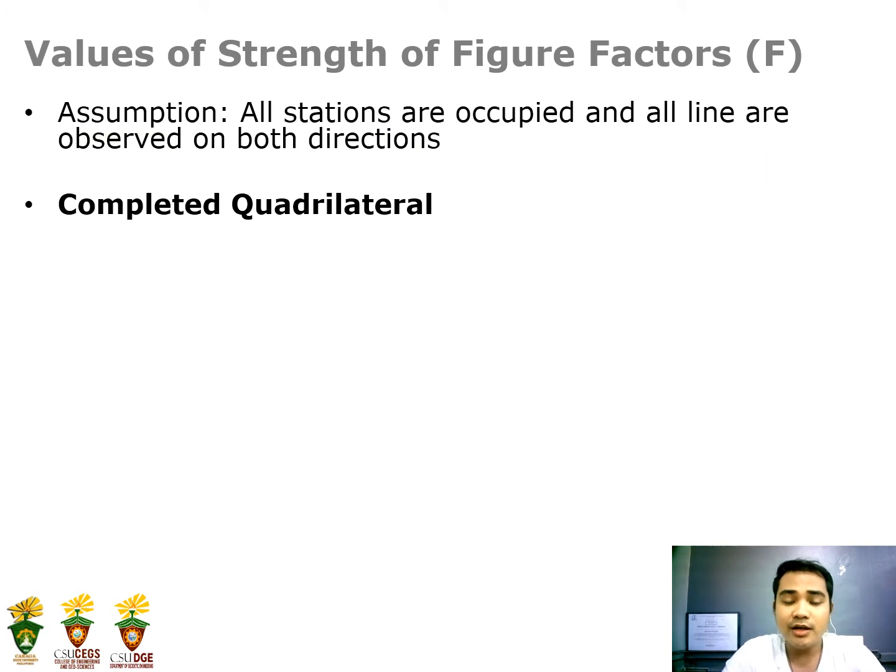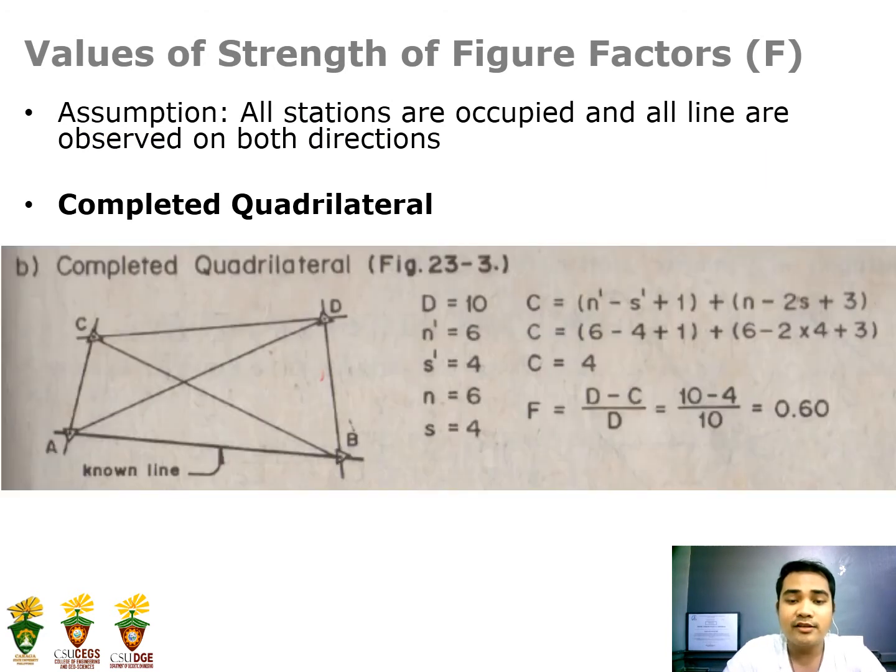Another figure to be computed with the strength of figure factor is the completed quadrilateral. From the figure, we can say that D is 10, N prime is 6, S prime is 4, N is equal to 6, and S is equal to 4.